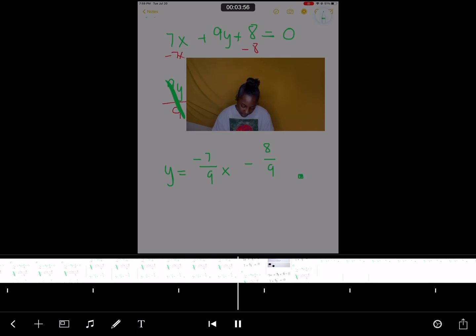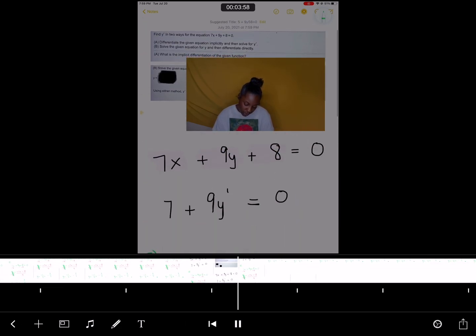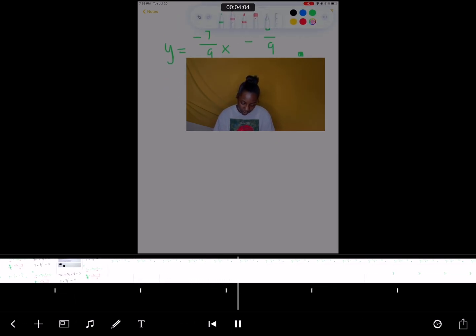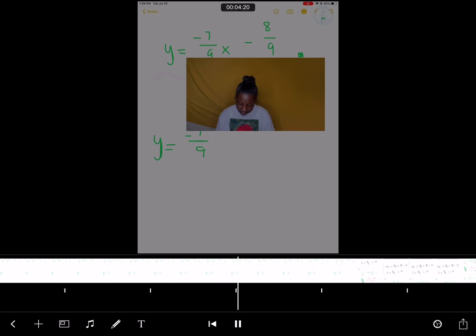Now it tells us to use either method to solve for y prime. Let's look at our method right here. If I'm doing the derivative with respect to x, the derivative of negative 7 over 9 x is just negative 7 over 9, and the derivative of a constant is 0. So our answer is just negative 7 over 9.